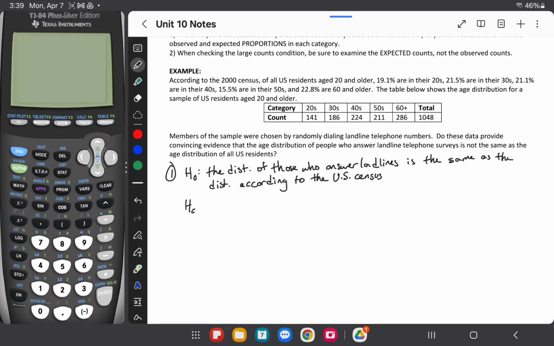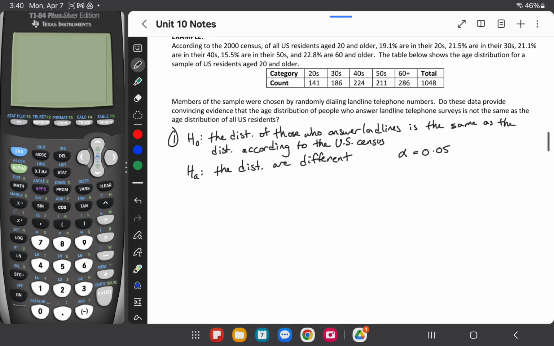And then our alternative is simply going to be the distributions are different. And like in previous significance tests, we're going to include our significance level. Let's go ahead and test at 5%. Okay, so there's our statement.